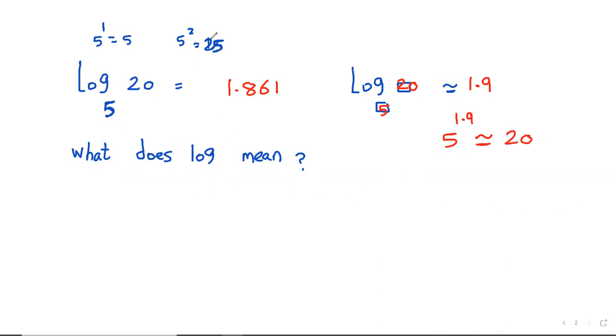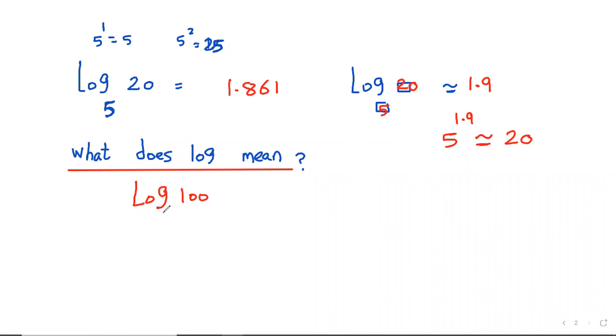So what does log mean? Log without any base, we consider the base as 10. So if we ask about log 100, what is the base? The base here is not written, but we deal with it as 10.